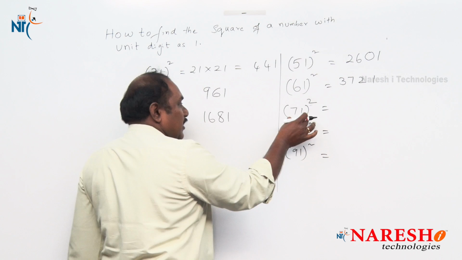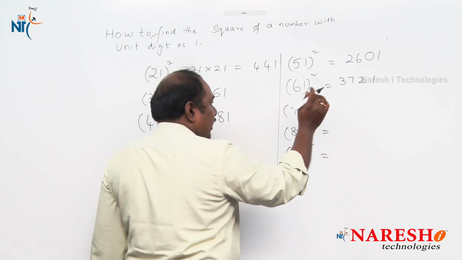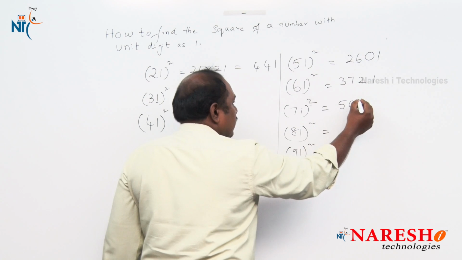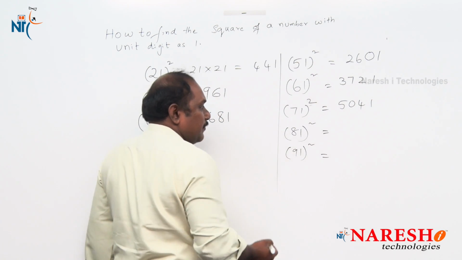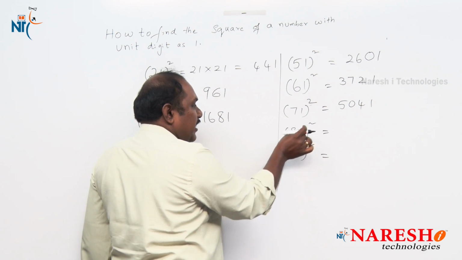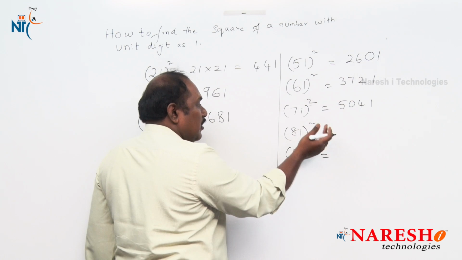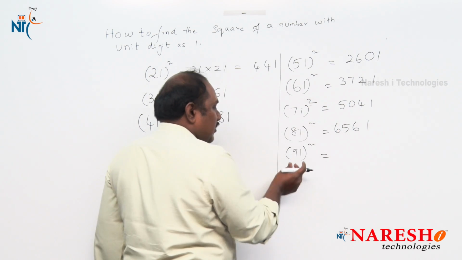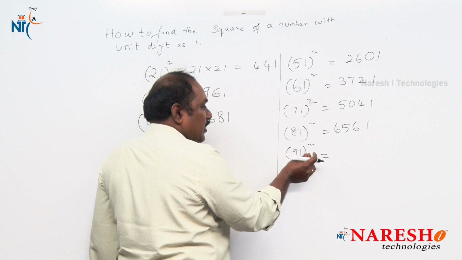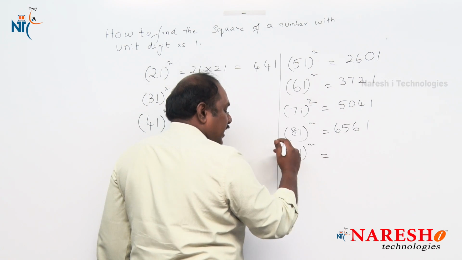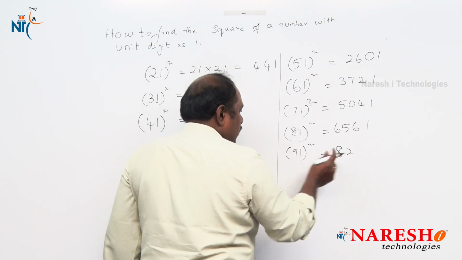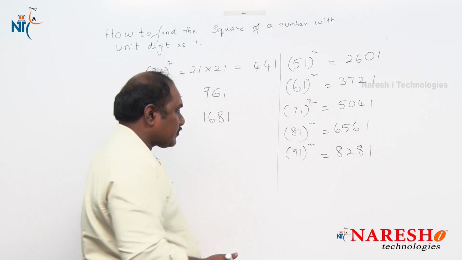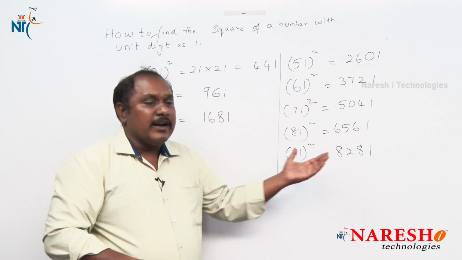Now 71 square: 7 square 49, plus 1, 50, and when I double 7, the unit digit is 4 and 1. 81 square: 8 square 64 plus 1, 65, then 6, 1. 91 square: 9 square 81, a carry of 1, 82, and when I double 9, the unit digit is 8 and 1. So till 91 square you get like this.